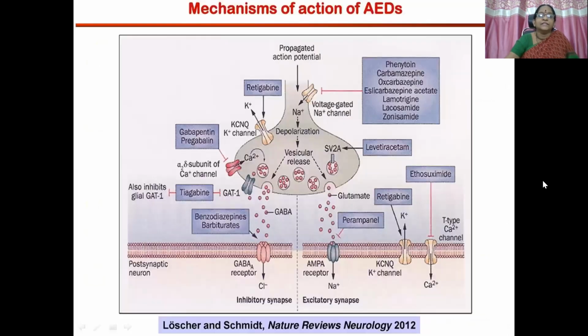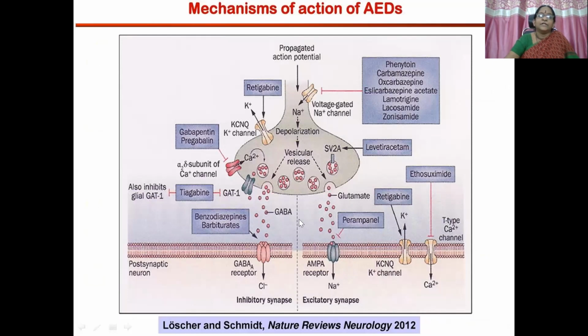So here you can see the same mechanisms. All these drugs: sodium channel blockade, levetiracetam combining with the synaptic vesicular protein, retigabine acting through potassium channel, and perampanel AMPA receptor blockade, and ethosuximide T-type calcium channel blockade.